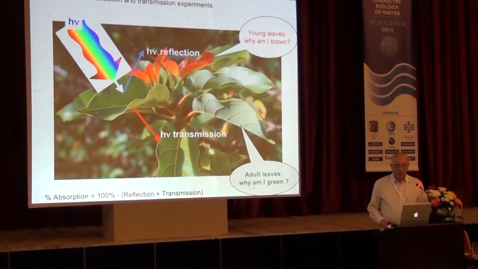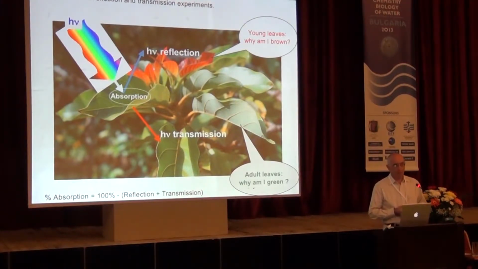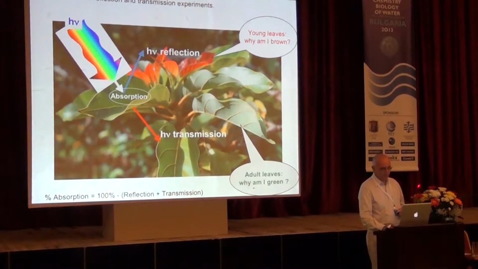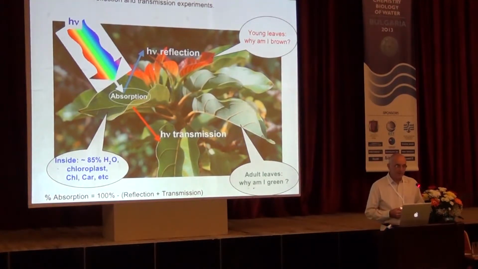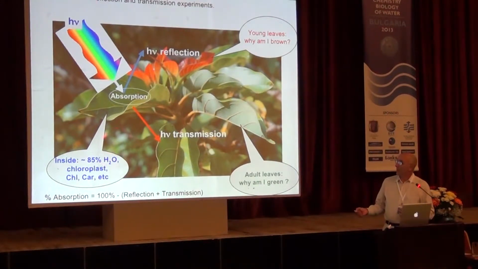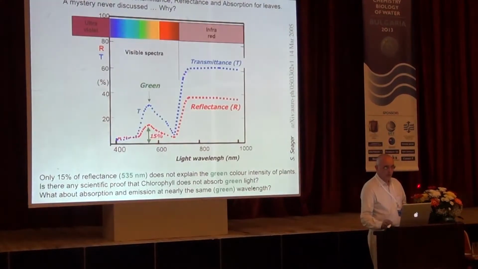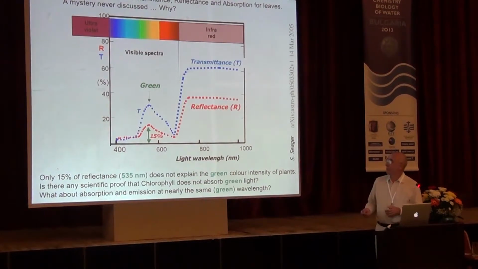And we have light coming from the sun, and we have reflection, transmission, and we have a big problem here for the absorption, because 78% is too much. And inside we have, of course, water, and we have molecules, and we have to take care about these experimental results for plants.